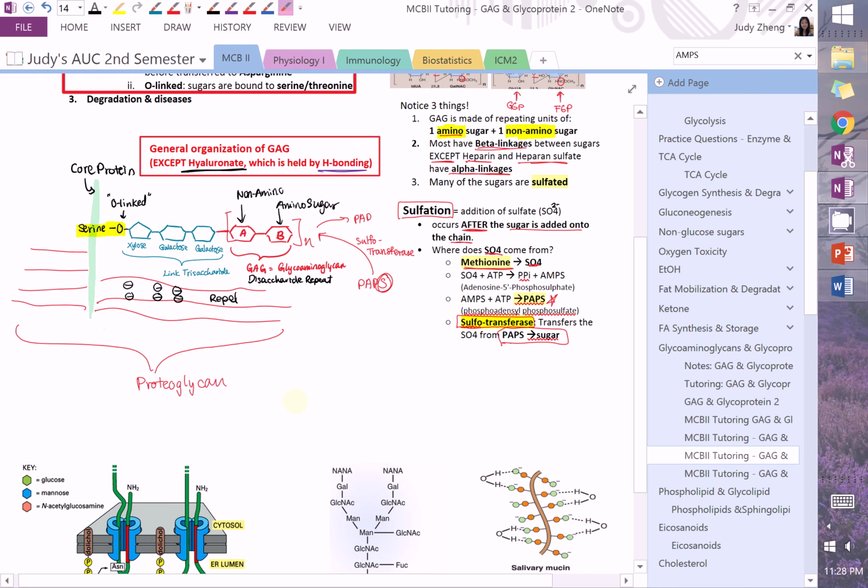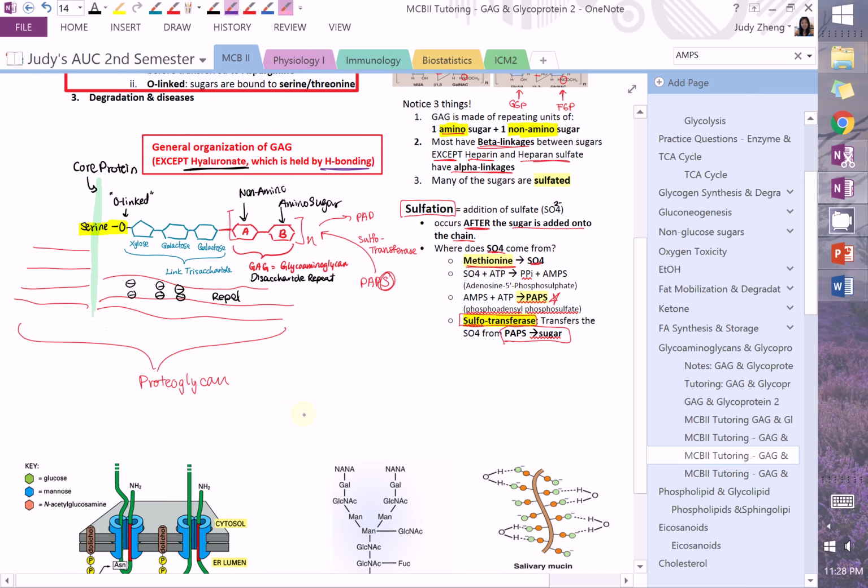And where they're normally found is in an aggregate of proteoglycans, where you would have this, which would be the hyaluronate. What you would find is these are the protein cores that we just talked about, and these are all the GAGs.